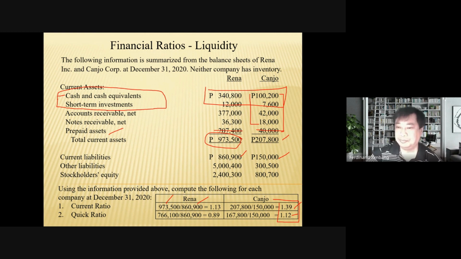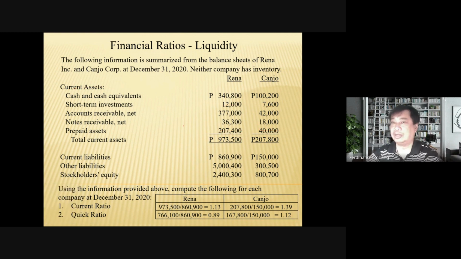So, settled na tayo dito. So, let's look for the cash position ratio. So, 340, 800 plus 12,000 and divided by 860 naman. So, this is 41%.